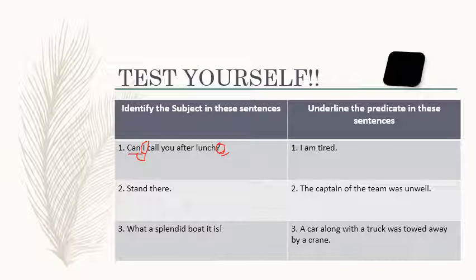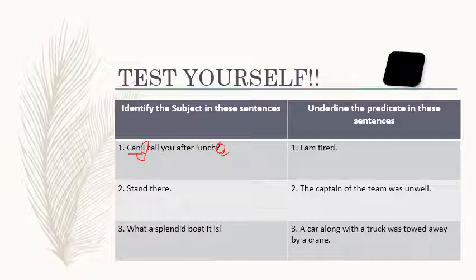Now again let's see what kind of sentence it is. I know you can. So what kind of sentence is it? It is an imperative sentence. How? Because we can see at the end of it there is a full stop, and we know that an imperative sentence talks about a command, an order, or a request.